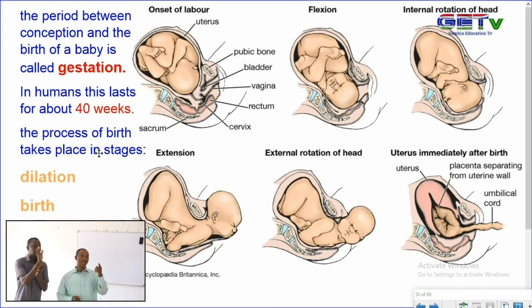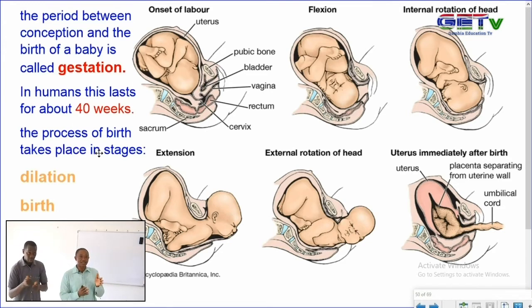If you follow the diagram from top left, you can see the baby is in a position that is ready to come out. Now we have the next diagram. Like I said, this is the dilation process.